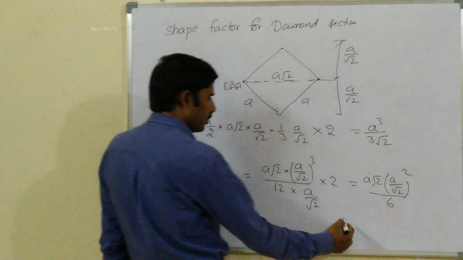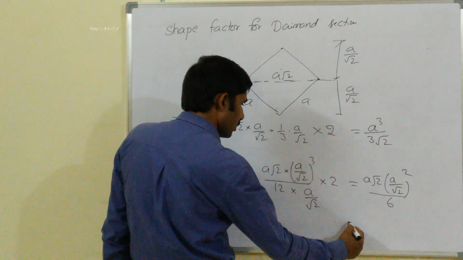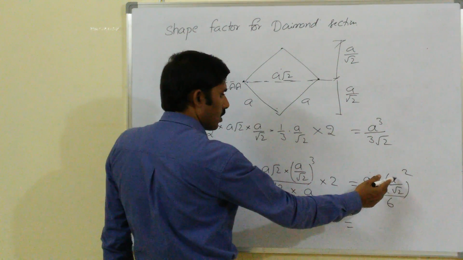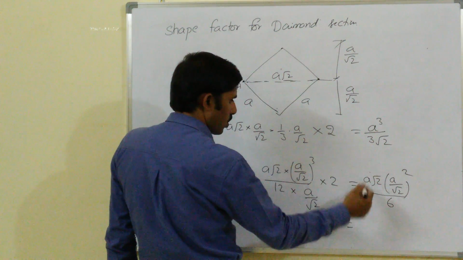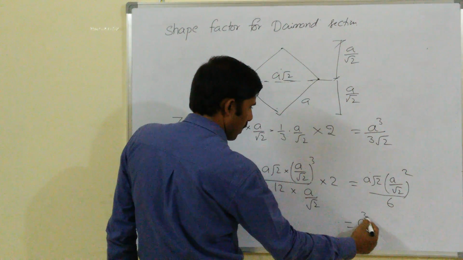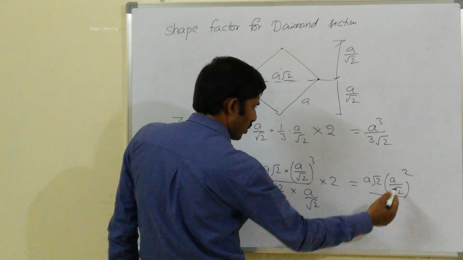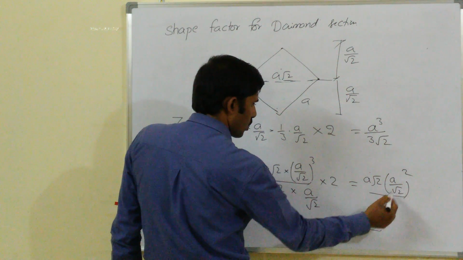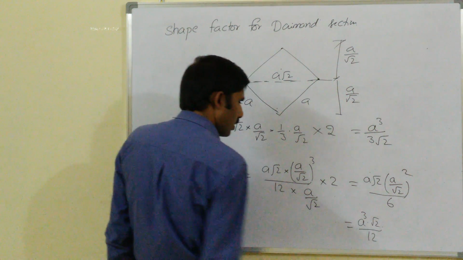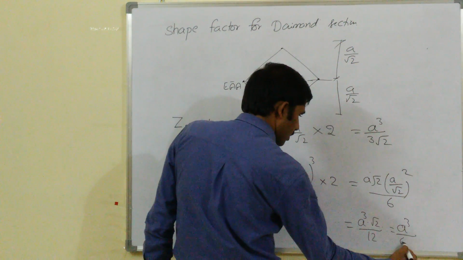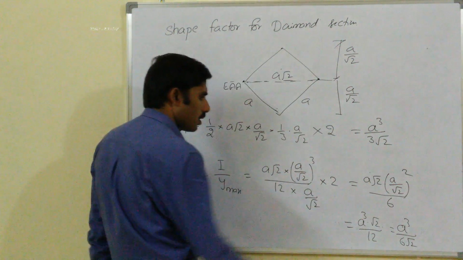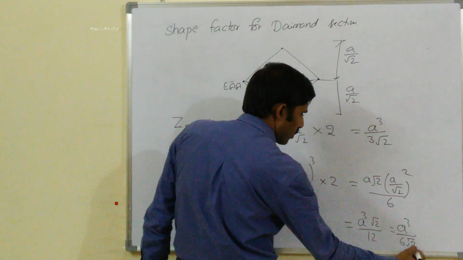That equals A square by 2, times 2 root 2, so A cube root 2 by 12, that equals A cube by 6 root 2.